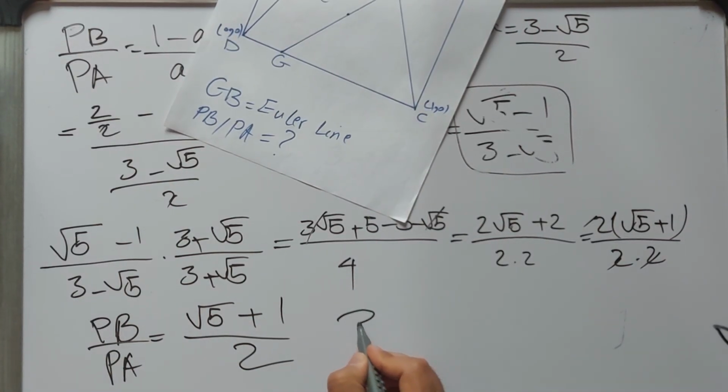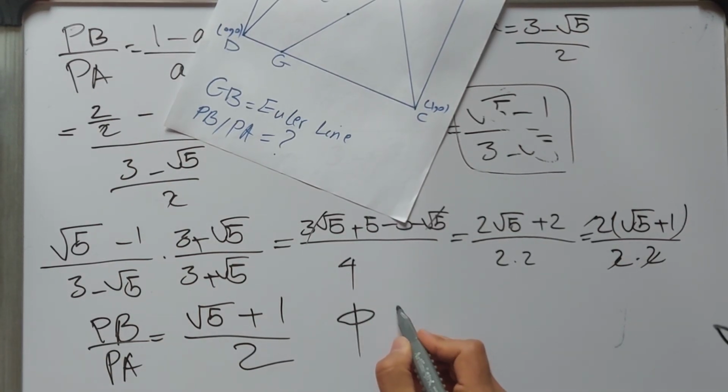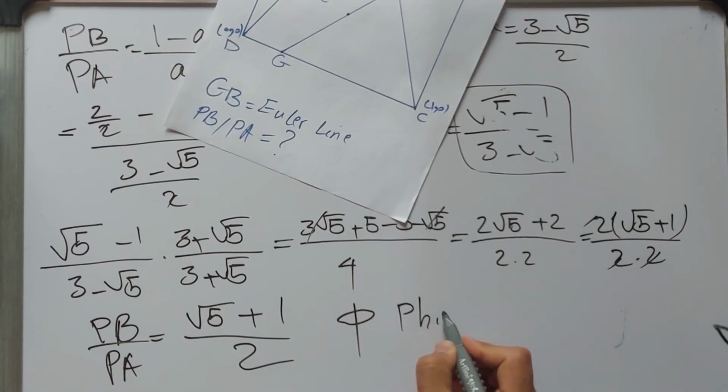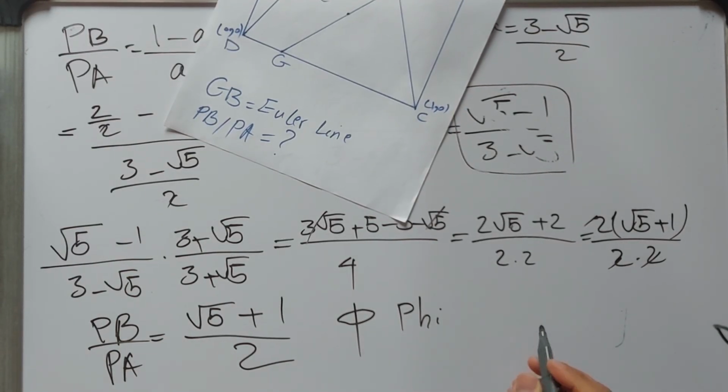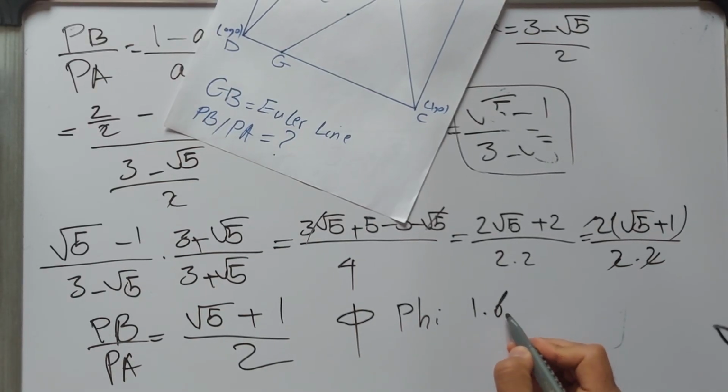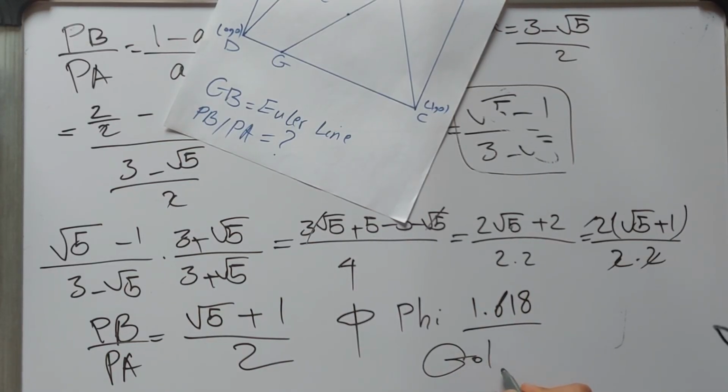And wow, that's phi, or phi in Greek pronunciation. Beautiful, stunning, astonishing, super dazzling, I think, because this thing is approximately 1.618, aka the golden ratio.